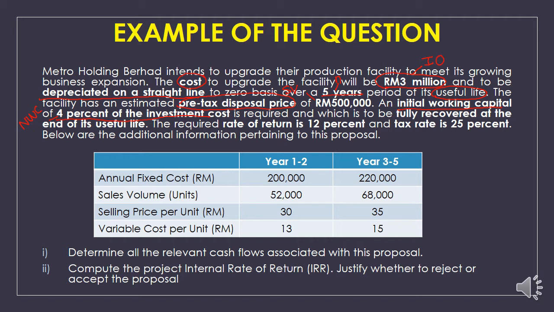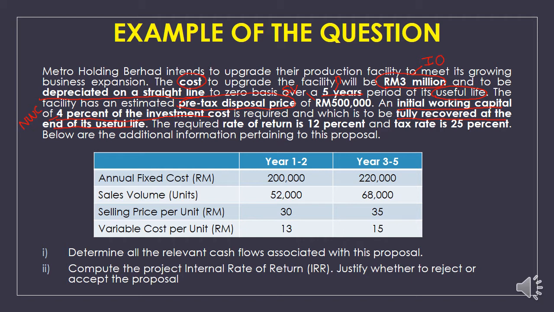It is to be fully recovered at the end of its useful life. So it's also mentioned that the initial net working capital will be recovered at the end of its useful life. So what is net working capital? Net working capital represents additional costs that will also be paid by the company at the beginning of purchasing the facility.